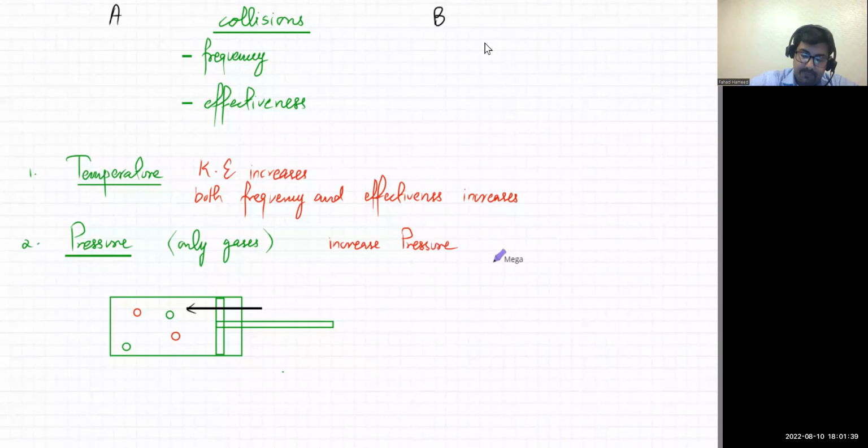And gas particles, remember, only gases. So gas particles are closer to each other.